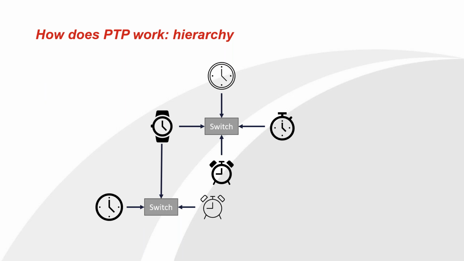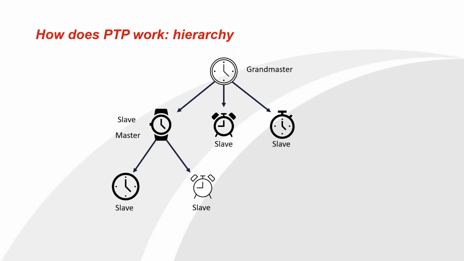To give an example of how this works, if you've got a bunch of clocks connected to different switches, like shown in the picture, one of these will be the most accurate clock, and that will become the grandmaster. All of the devices connected directly will be slaves to that and will synchronize to the grandmaster.